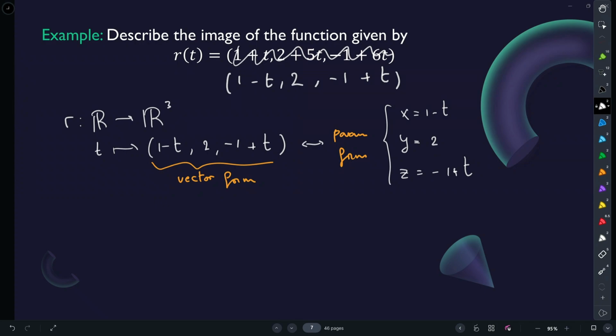So in this case, this is a line, and I can write this in terms of vectors: (1, 2, minus 1) plus t times (minus 1, 0, 1).